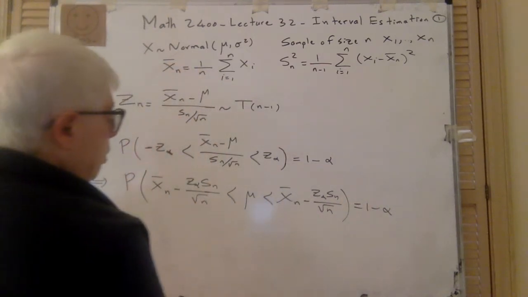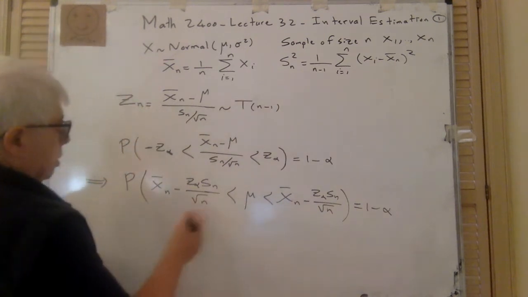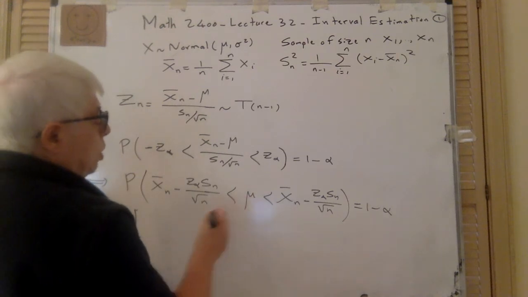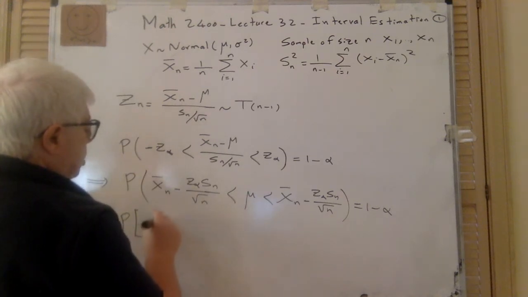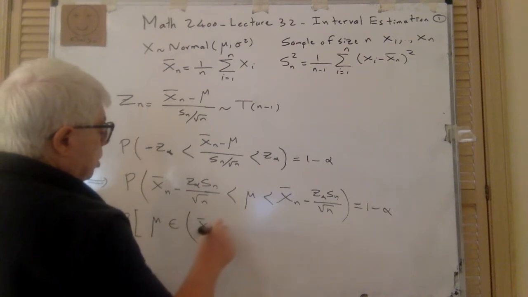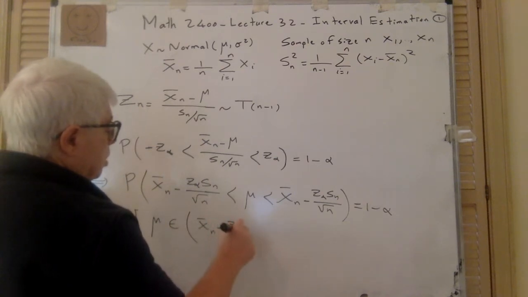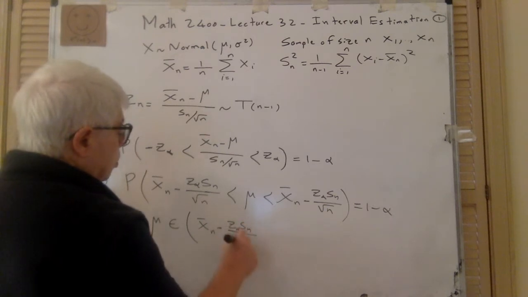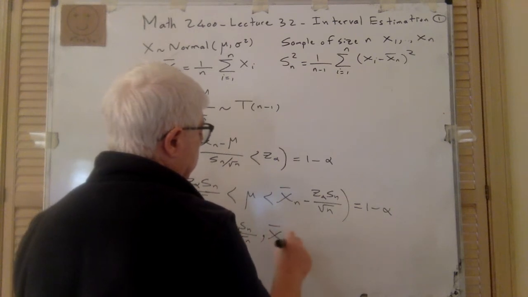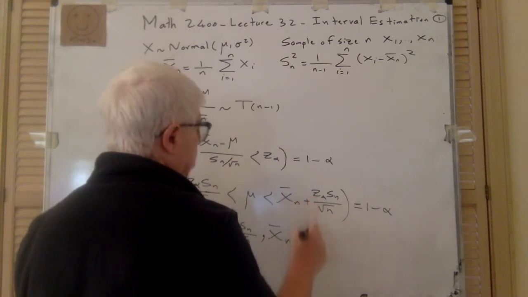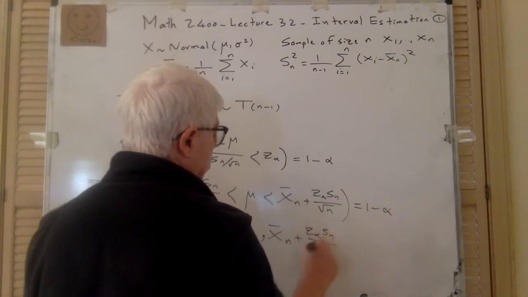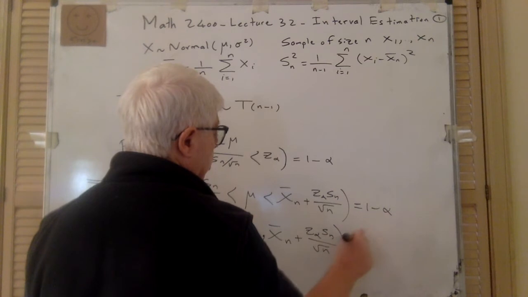Or if I write it in interval notation, this is telling me that the probability that mu belongs to this interval, x bar n minus Z alpha Sn over square root of n, comma, x bar n plus Z alpha Sn over square root of n, is 1 minus alpha.